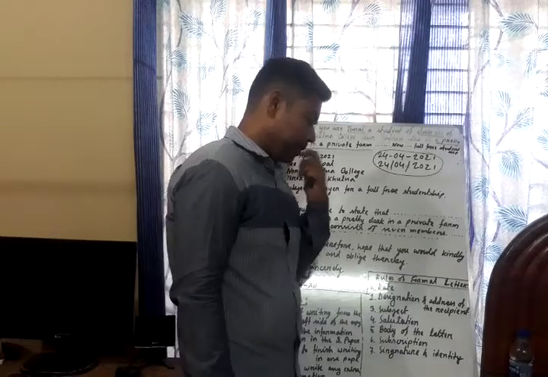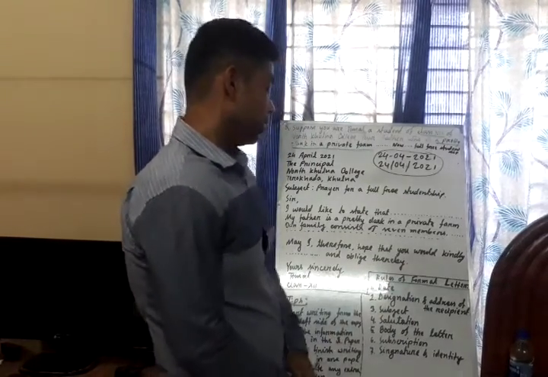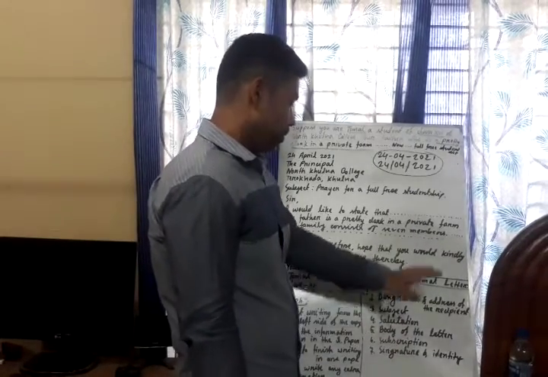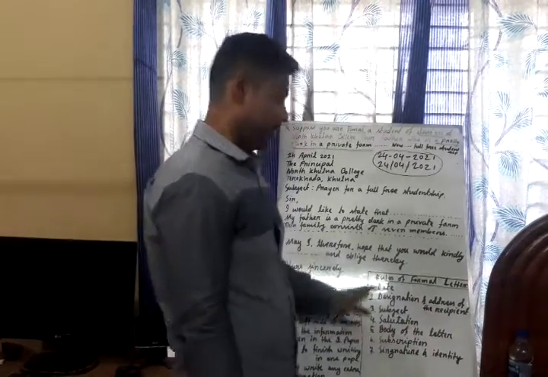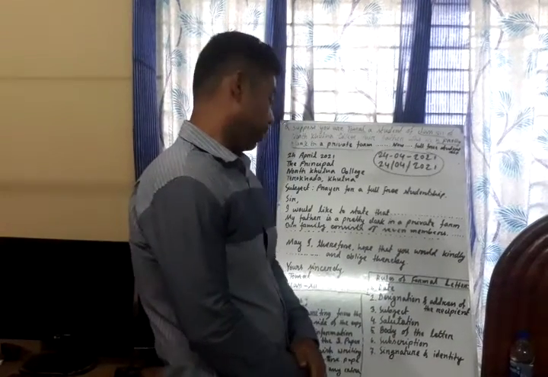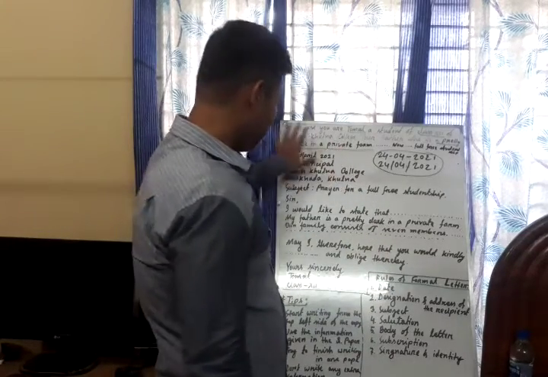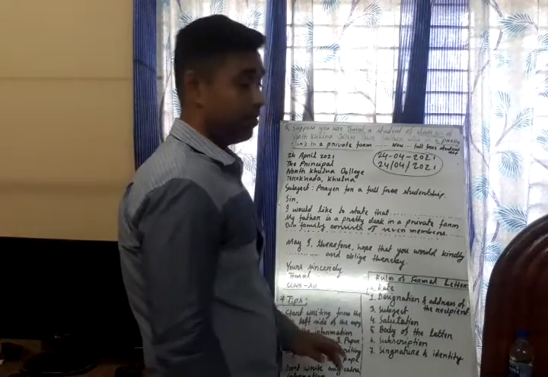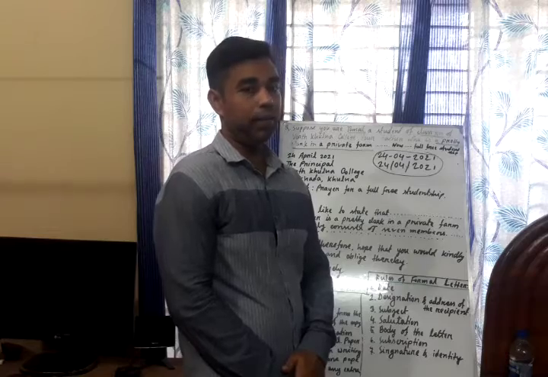So these are the rules of a formal letter. You have to put all these things correctly to get good marks. But there are some tips that you have to remember while writing a formal letter.